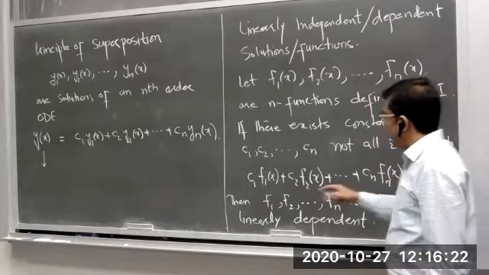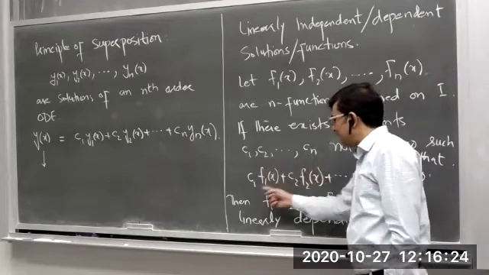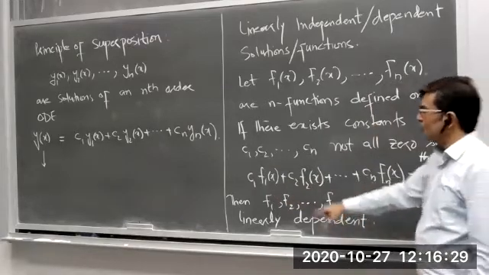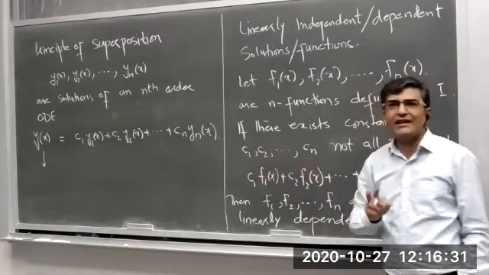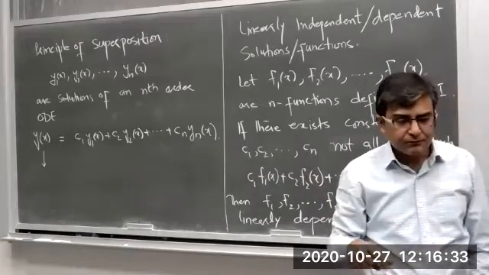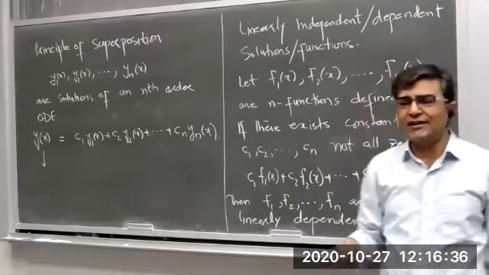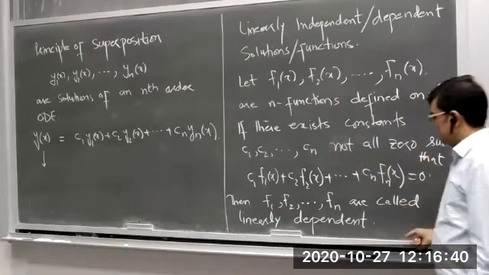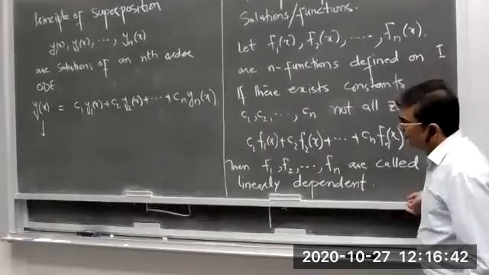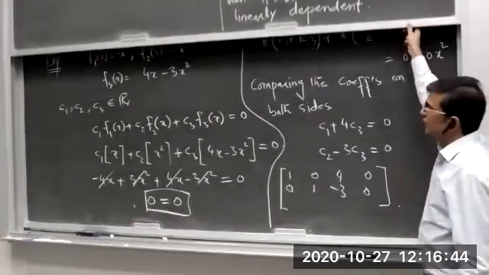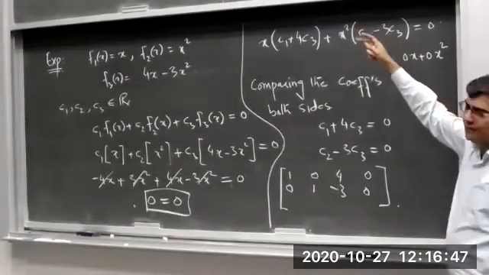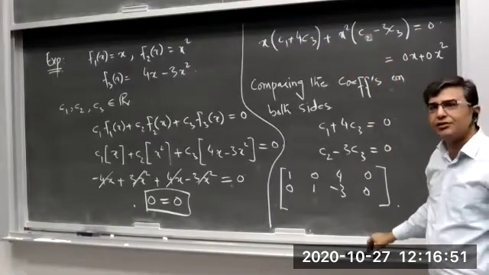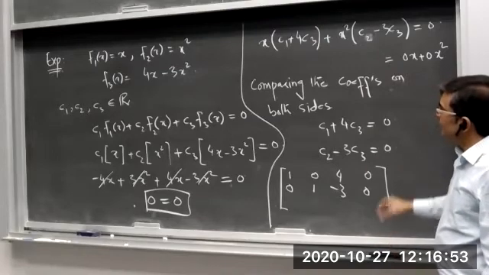Otherwise, if after solving this equation all the constants C1, C2, and so on, Cn are identically zero, then we say that these functions are linearly independent functions. I hope you get it. You have already, I think, discussed this concept in the linear algebra course, MATH210. So if you have any question, you can ask me.